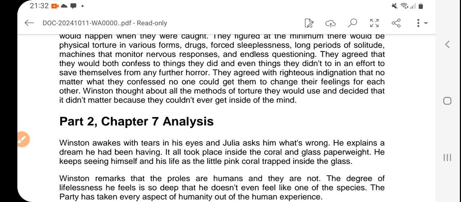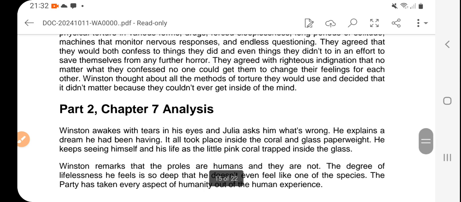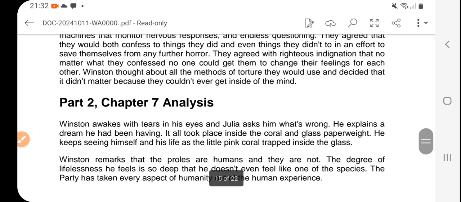So they are quite aware of what is to be done if they are caught. They agreed that they would both confess to things they did and even things they did not, in an effort to save themselves from any further horror.